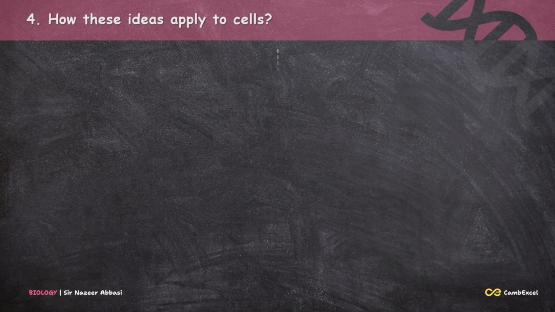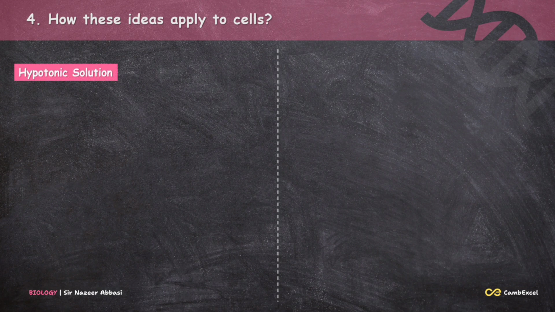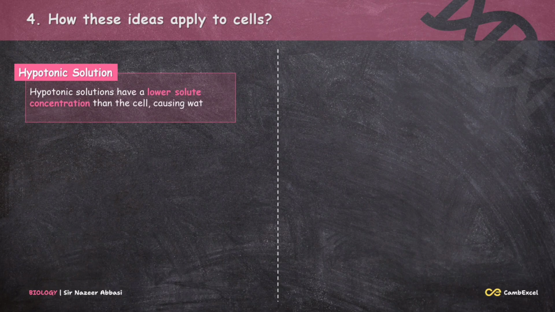The second situation is hypotonic solutions. The word hypo means lower. So the hypotonic solutions have a lower solute concentration than the cells, causing water to enter the cell. Since they have a lower solute concentration, it means they have a higher water potential than the cells.